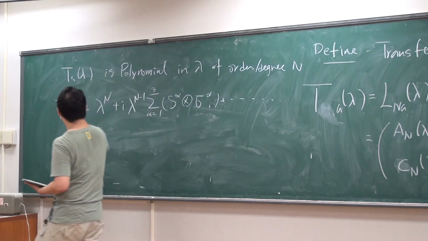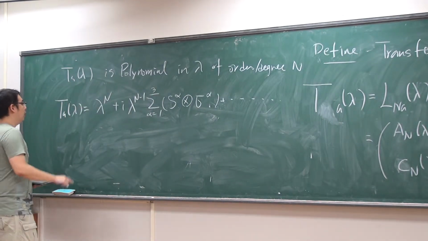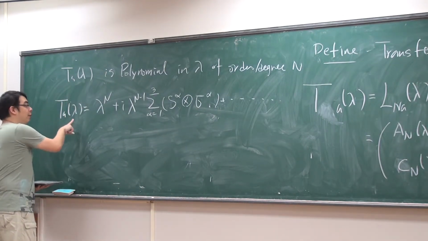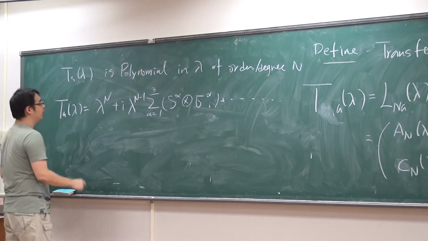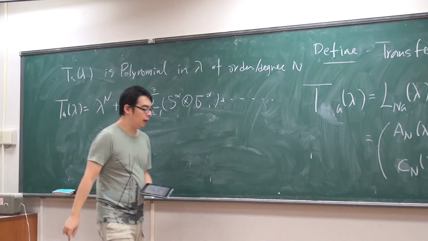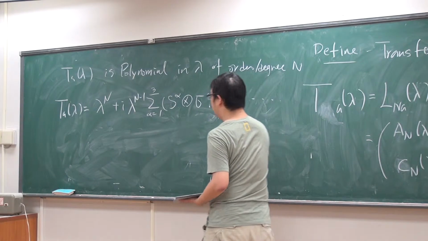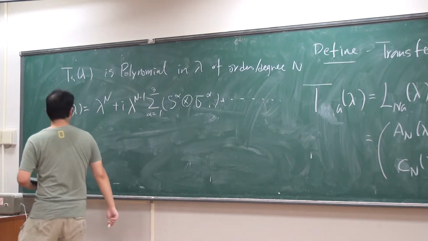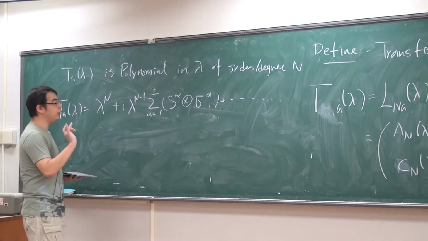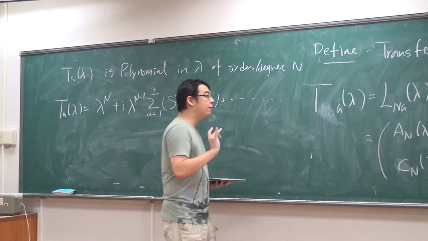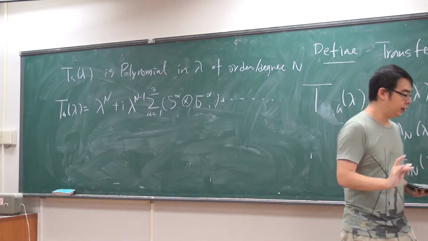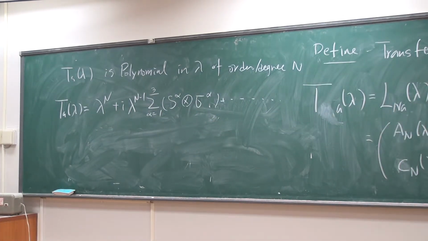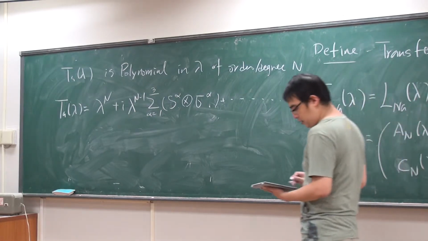That's basically saying that there are no poles because it's a polynomial operator acting on some Hilbert space. The key point is that because it's polynomial, its eigenvalue does not have any poles. This is crucial later if you want to derive the famous Bethe Ansatz equations.